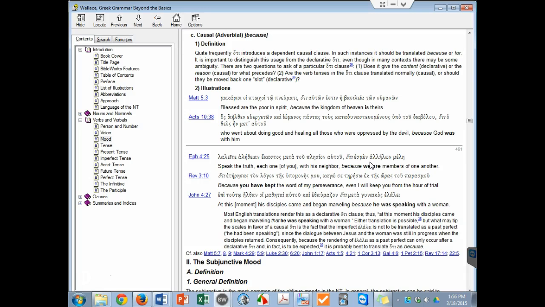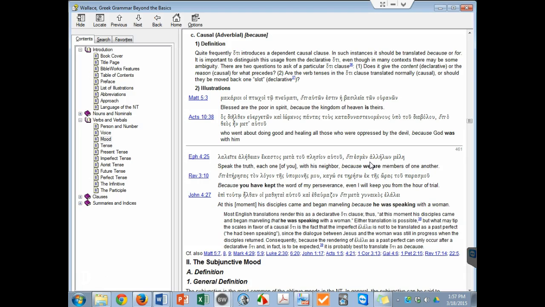Well, I think what Carson was saying, if I'm remembering correctly, I didn't bring him with me today, was that it was fairly common in earlier grammars and in commentaries based on them to say that the first class condition is asserting that a thing is true, so you can read it not as if, but as since.